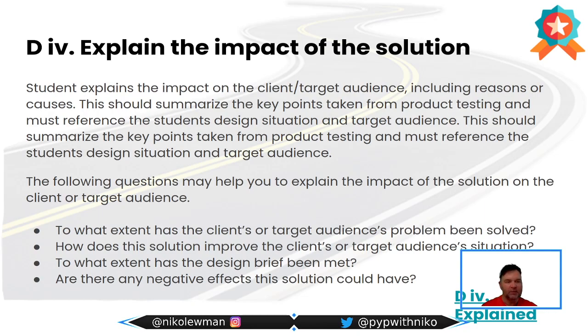Also, what you have to look at is how it is going to be solving the problem. Is it going to improve the client's or target audience's situation? To what extent has the design brief from A4 been met? And are there any negative effects that the solution could have?